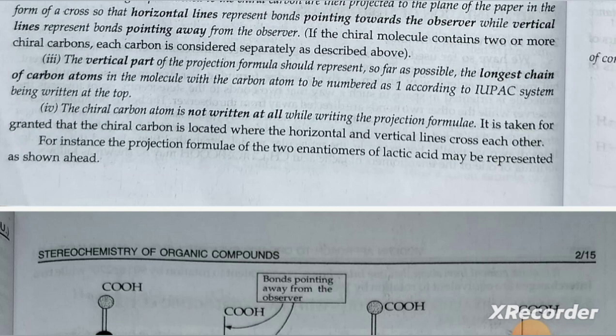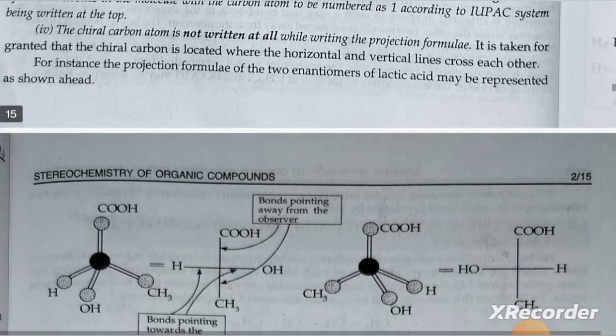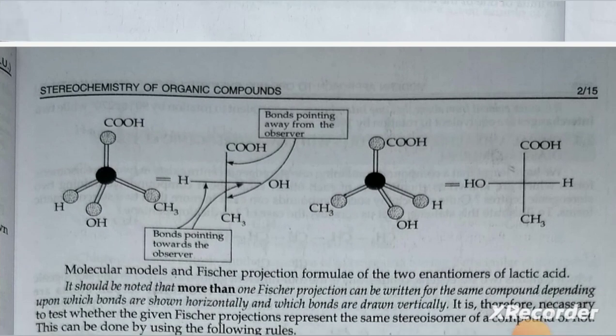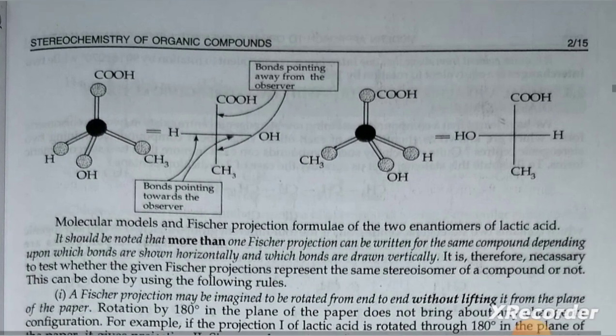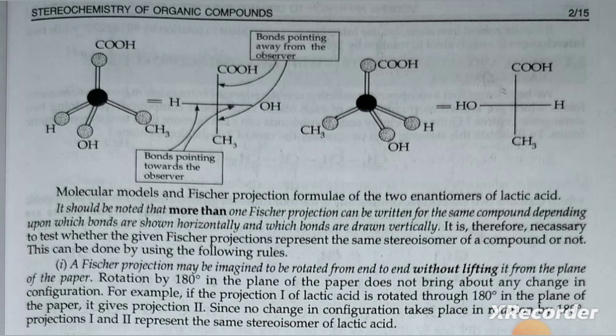For instance, the projection formula of the two enantiomers of lactic acid may be represented as shown ahead. Molecular model and Fischer projection formula of the two enantiomers of lactic acid.